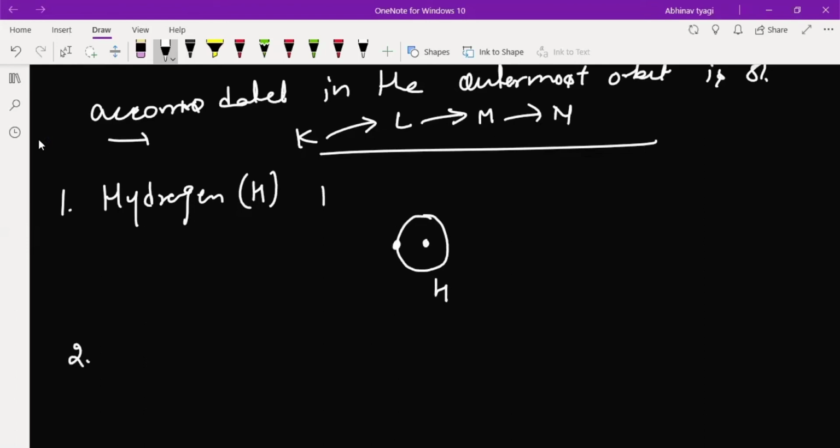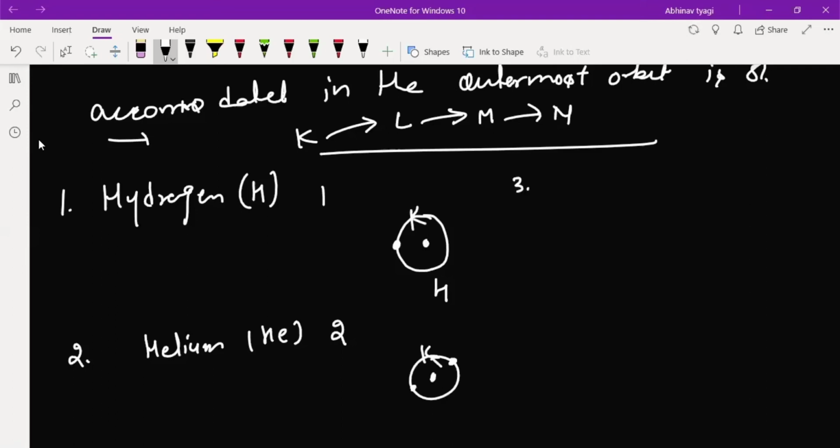Second, we will do helium. The symbol of helium is He, 2He4. So helium has 2 electrons. The central part is the nucleus, and helium will have 2 electrons like this in the K shell.